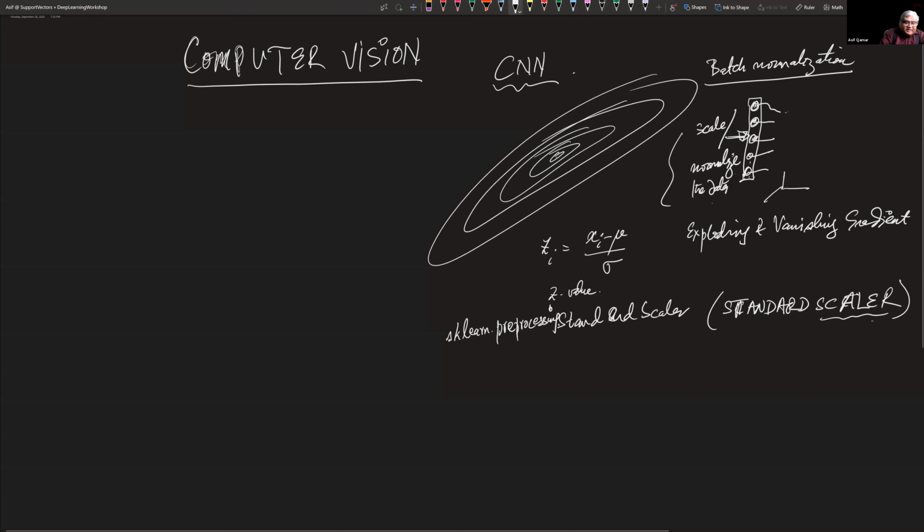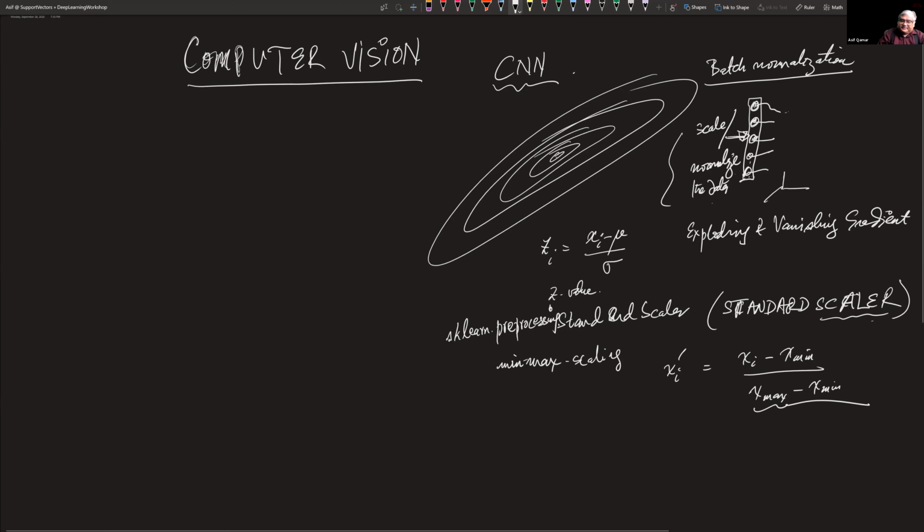So then you can have min-max scaling, which is different. Min-max scaling says, let me call it x prime i is equal to x_i minus x min, over x max minus x min.